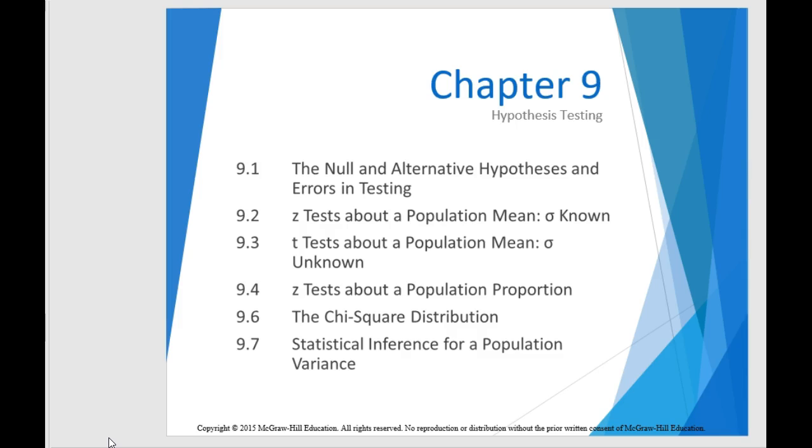I think you'll find that it's a very efficient one, and tends to be very procedural and makes it really easy to organize thoughts, especially because we're going to be doing hypothesis testing in Chapter 9, 10, 11, and 12. So we're going to be doing it for the rest of the course. The 7-step process gives you an opportunity to think about all the problems in the same logical manner.